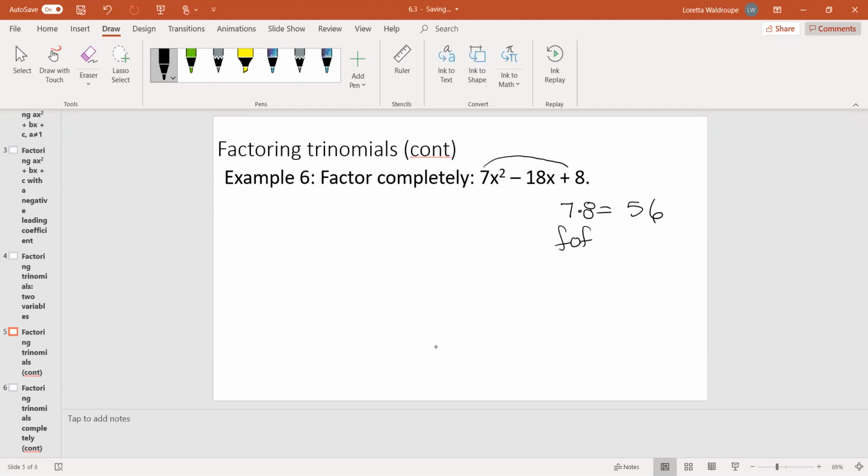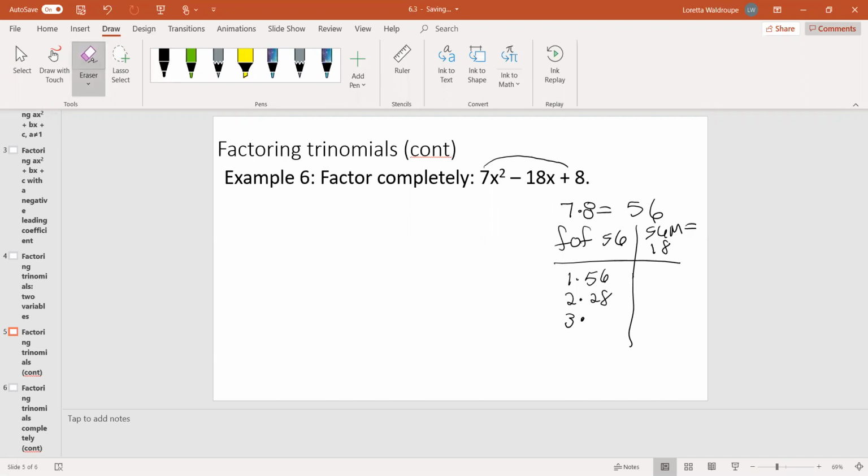So the factors of 56, whose sum equals 18, and we'll deal with the negative at the end. 1 times 56, no. 2 times 28, no. 3 times nothing, because it doesn't go in evenly. 4 times 14, hey, that'll give me 18.